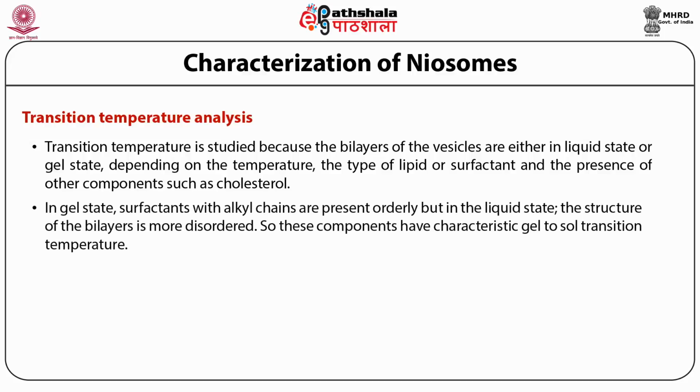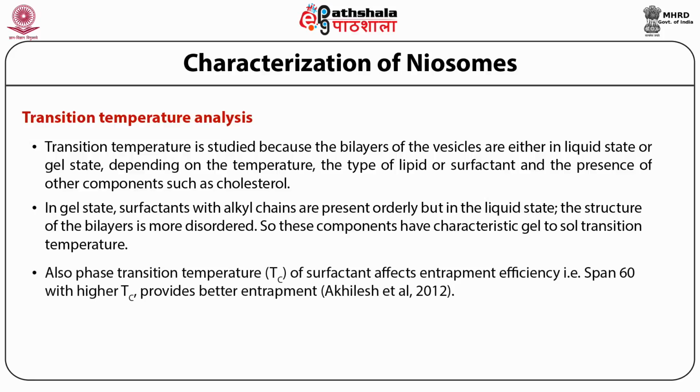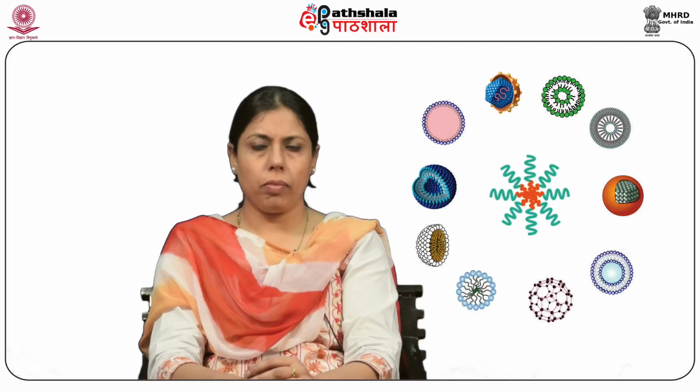In the gel state, surfactants with alkyl chains are present in an orderly manner, but in the liquid state, the structure of the bilayers is more disordered. So these components have a characteristic gel to liquid transition temperature. Also, the phase transition temperature, that is TC, of the surfactant affects entrapment efficiency. For example, Span 60 with higher TC provides better entrapment. The transition temperature analysis is studied through DSC.